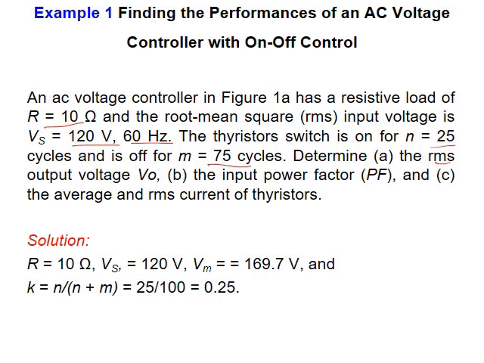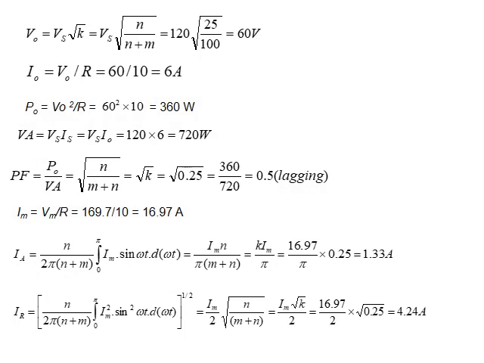I am asked to find the RMS output voltage, the input power factor, and the average and RMS current of the thyristor. I listed here the information given in the question. Vm is square root 2 times Vs RMS, and K, the constant N over N plus M, I got it here. Now let's start from the output voltage.